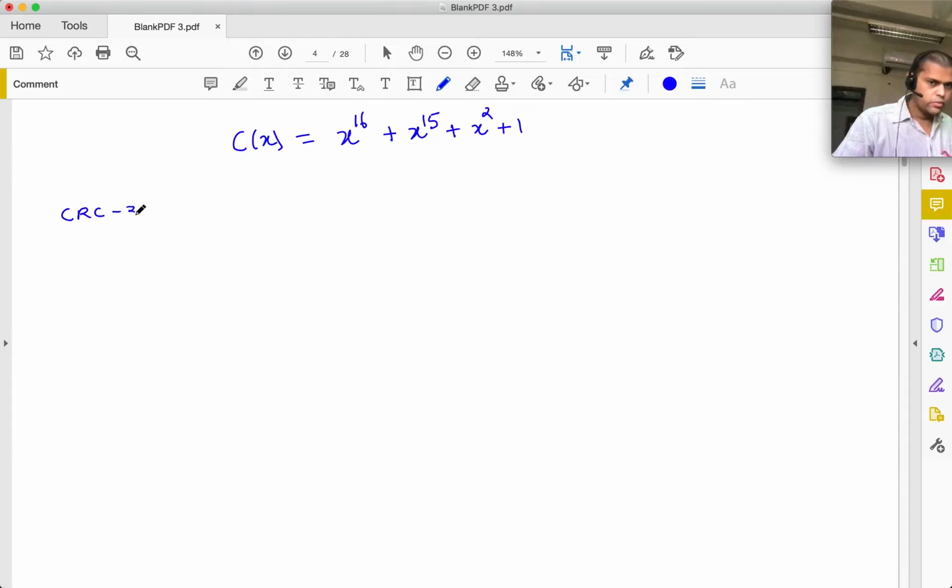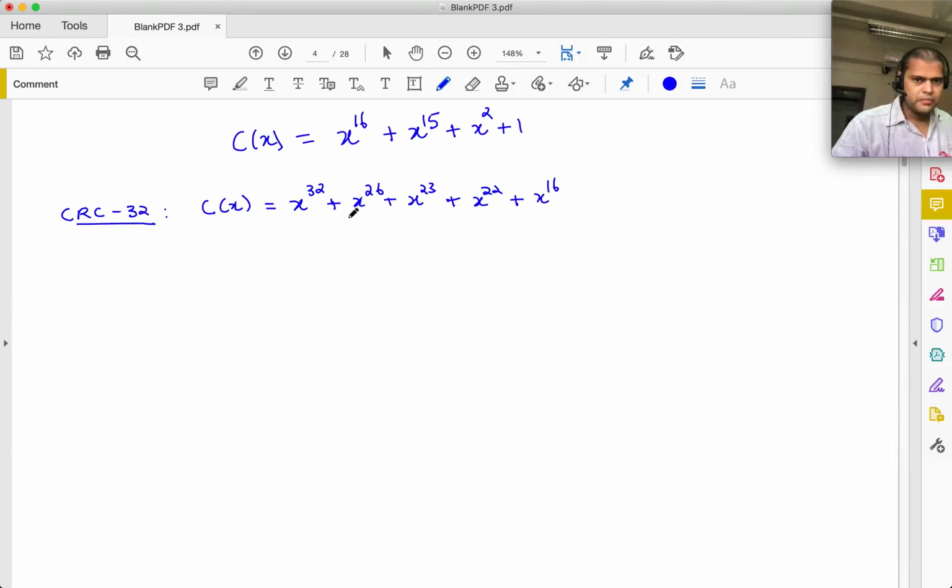CRC 32 is used by some protocols. So CRC 32 is of this form. There are lots of terms. x to the 23, 22 is also there, plus 16.